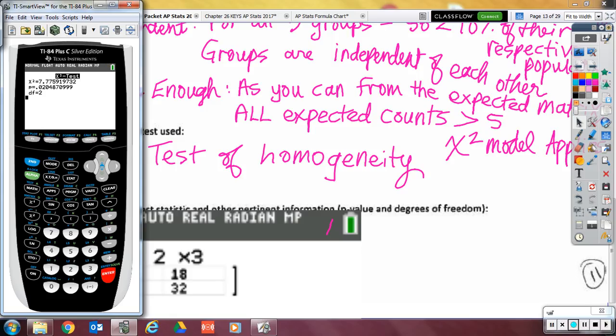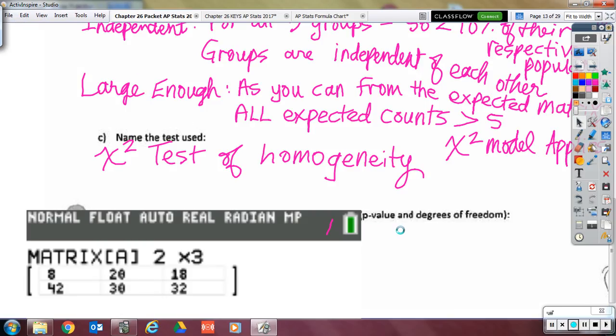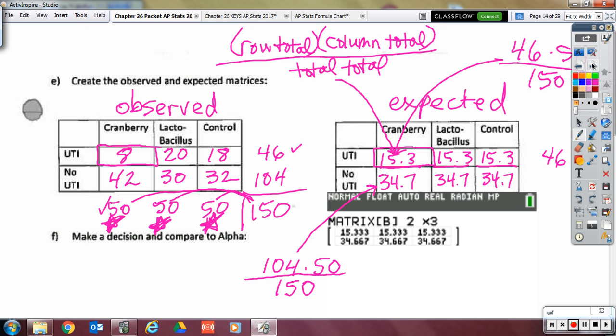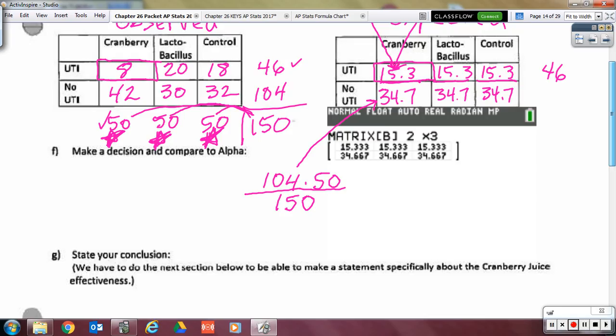And voila, there is my chi-squared, my p-value, and my degrees of freedom. So my chi-squared is 7.78. My p-value is 0.02, and degrees of freedom, 2. And so the next page is where we will make our conclusion and everything.